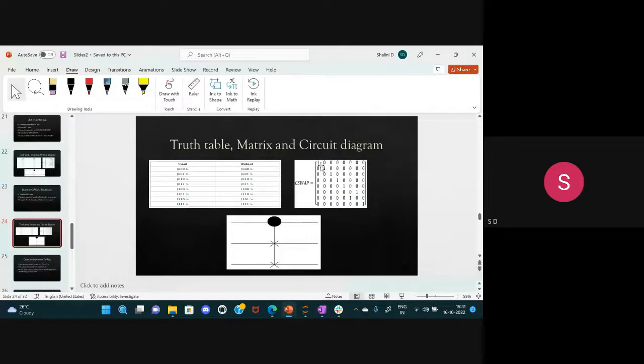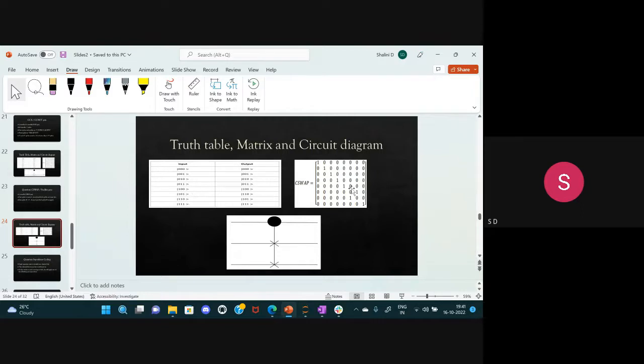The matrix is also self-explanatory. For the first four states it's diagonal, but for the sixth and seventh rows, for 101 and 110 only, the interchanging happens. Sorry, not bit flip, interchanging.